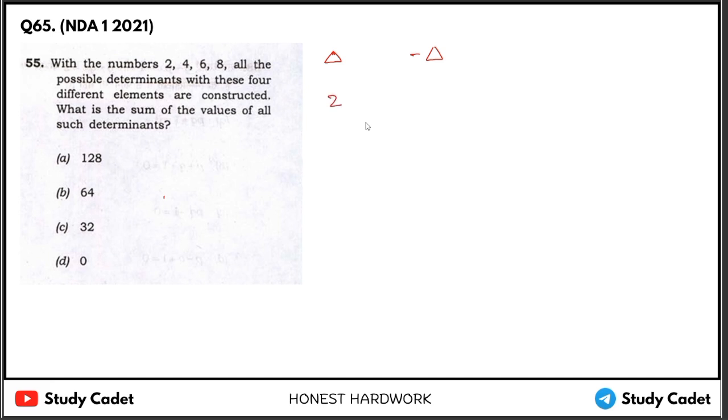If I have 2 4 6 8 like this, the value of this determinant will be the negative of the determinant when I do 8 6 2 4, right? So by this logic the answer will be 0.